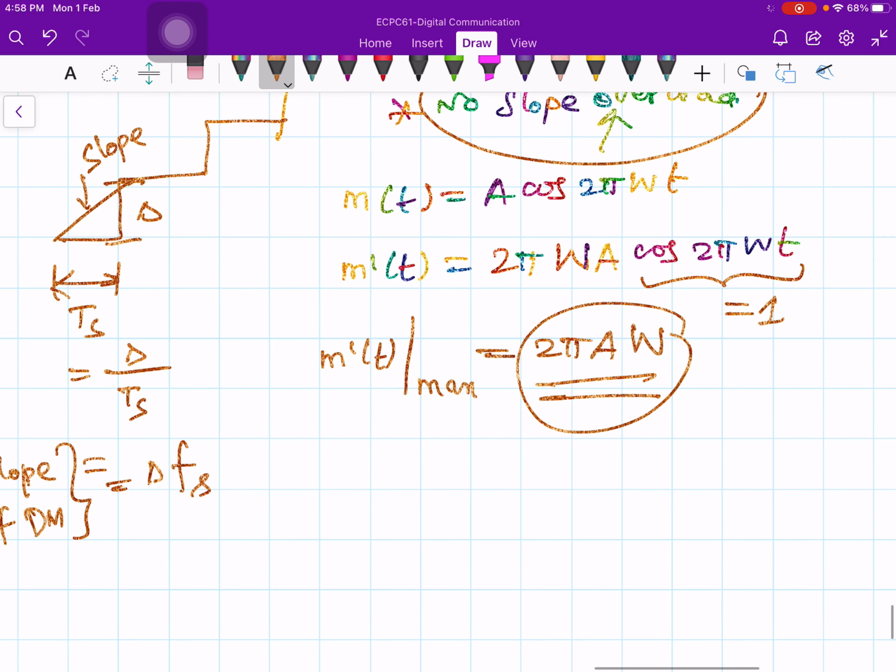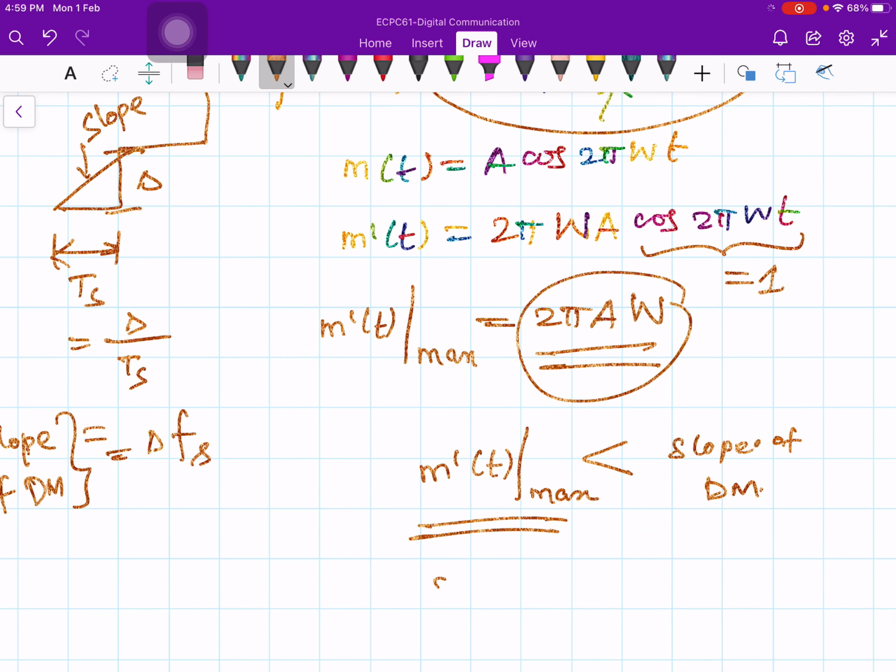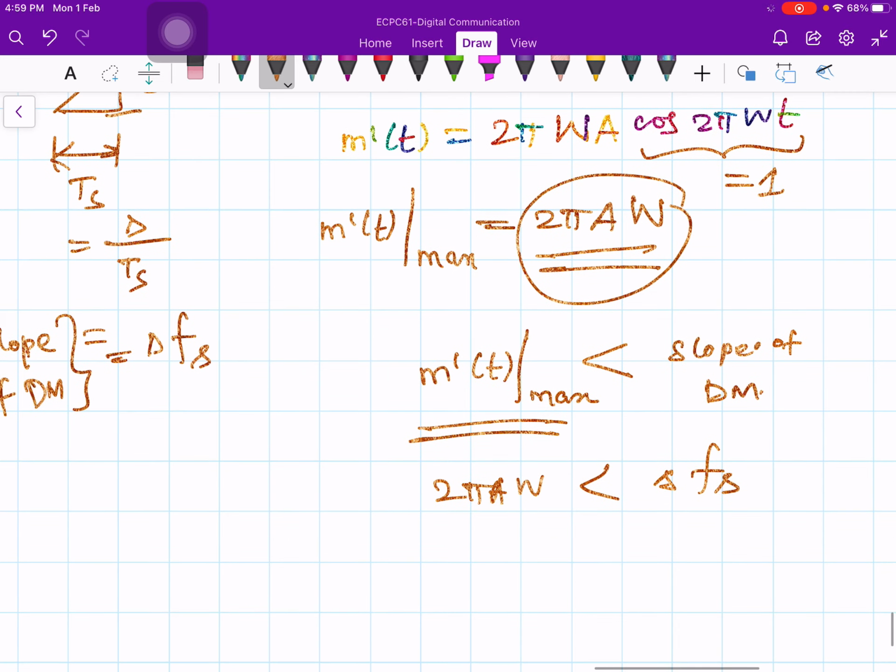When the maximum of m dash of t is less than the slope of the delta modulator. The maximum slope of your message signal is 2 pi AW, which is less than delta times Fs. Therefore my A can be less than or equal to delta times Fs divided by 2 pi W.